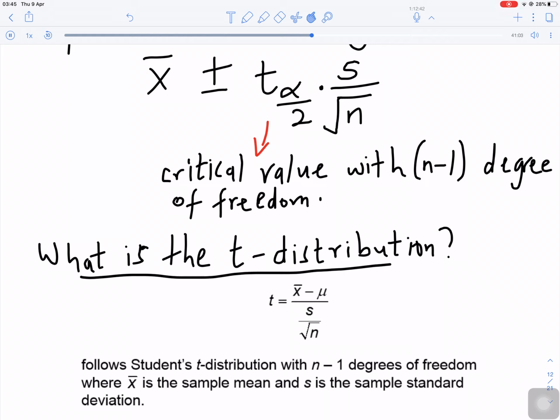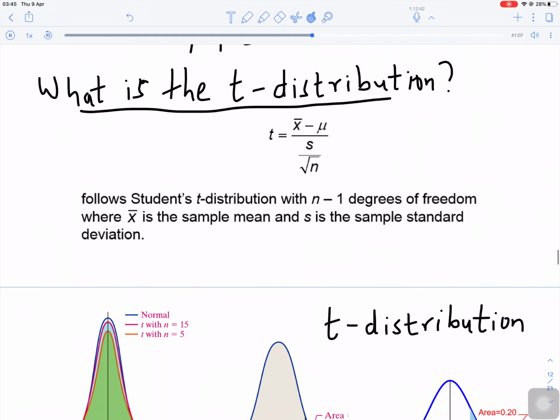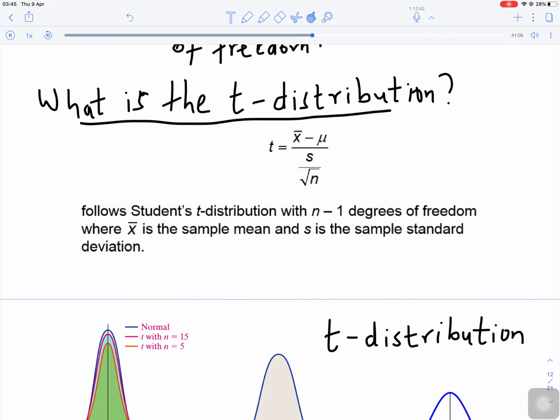By definition, the t distribution is given by the relationship x bar minus mu over s over square root of n, as you see in the picture. This t follows a student's t distribution. That is the full name, student's t distribution.